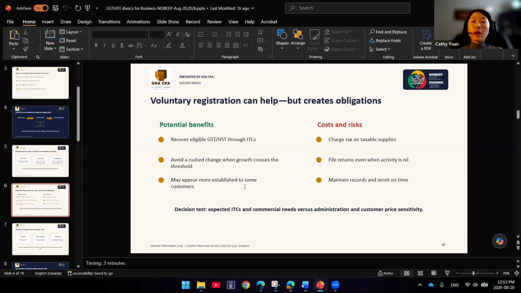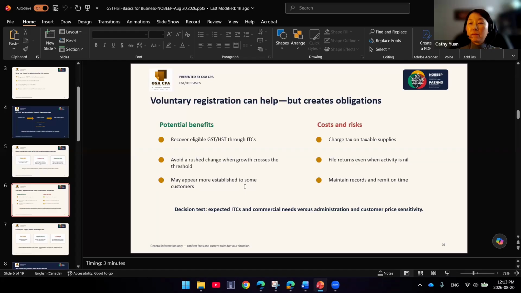If you issue an invoice and charge GST/HST, it says this business is stable. Voluntary registration certifies that this business is a stable business and builds trust with customers. But besides the benefits, there must also be costs and risks.